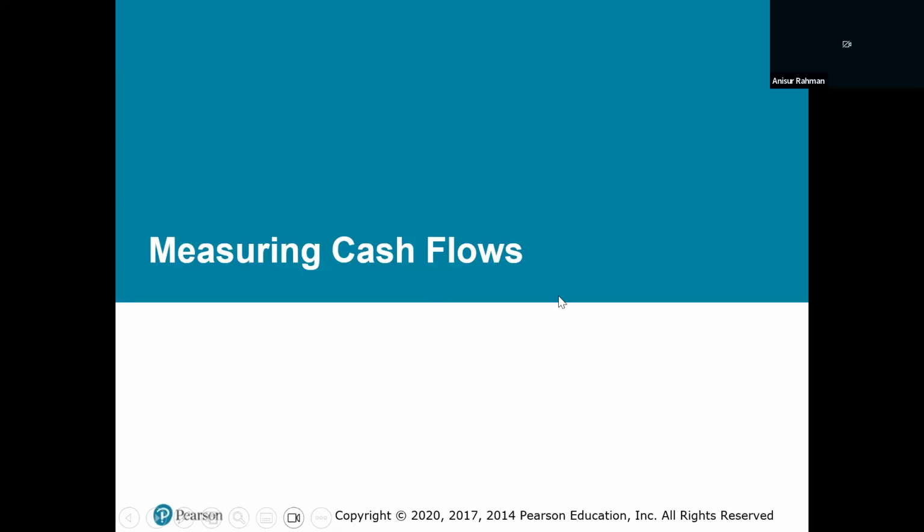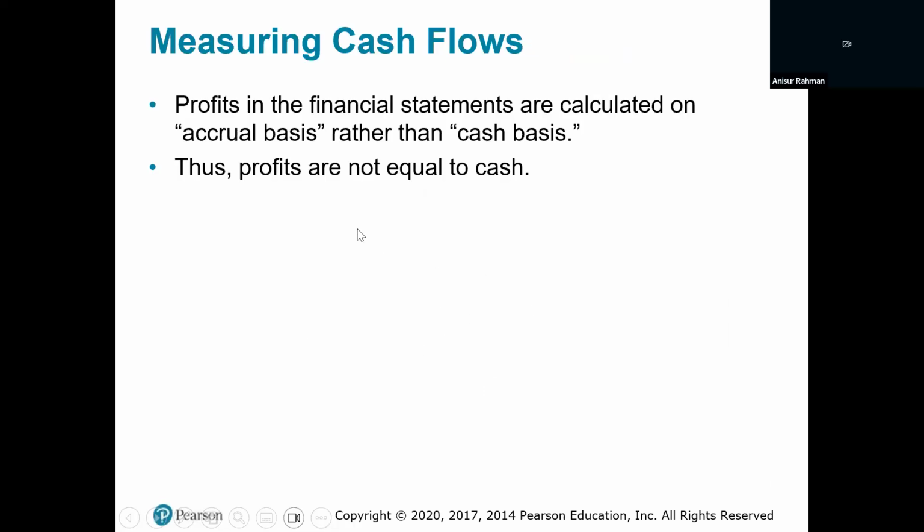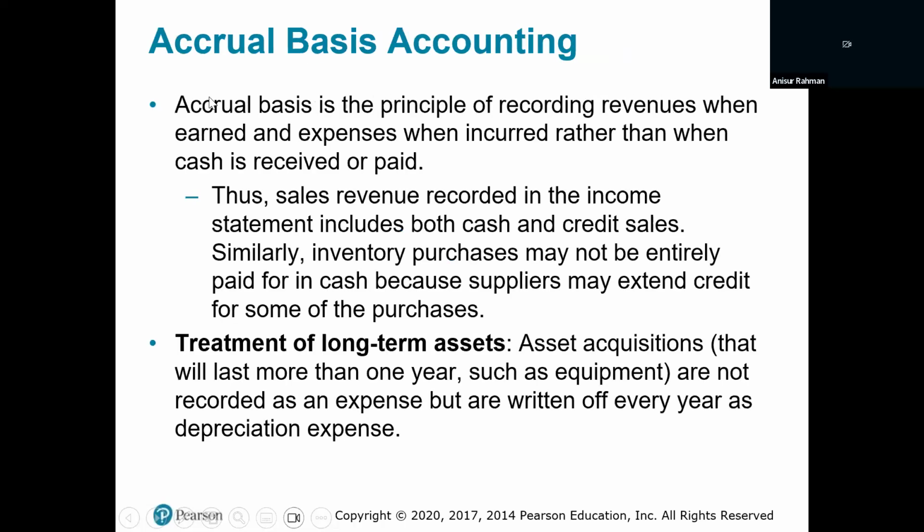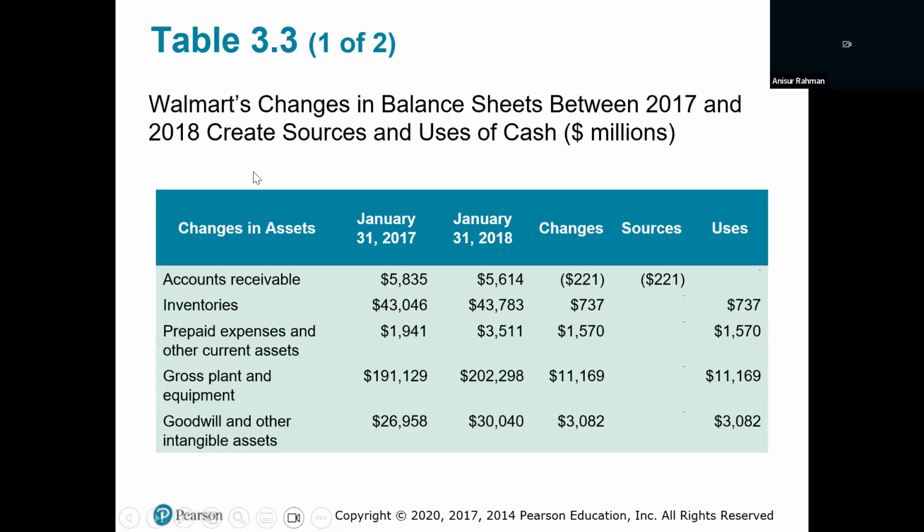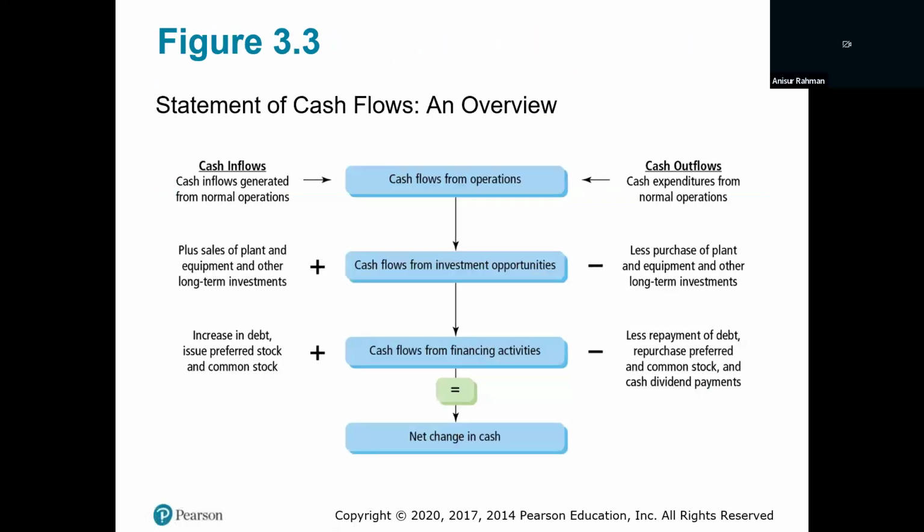Now, how do we measure cash flows? What is accrual basis accounting? What is the statement of cash flows? What are the three different types of activities that are recorded in a statement of cash flows? For example, cash flows from operating activities, investing activities, and financing activities.